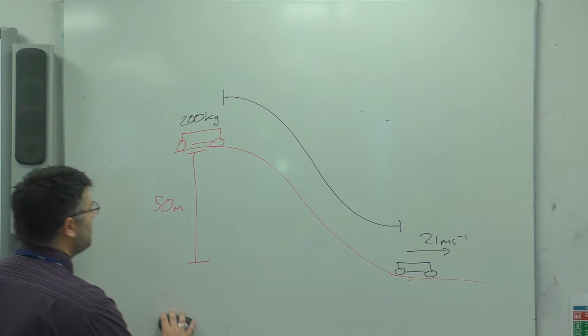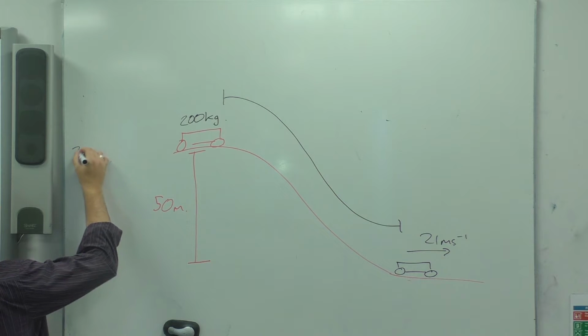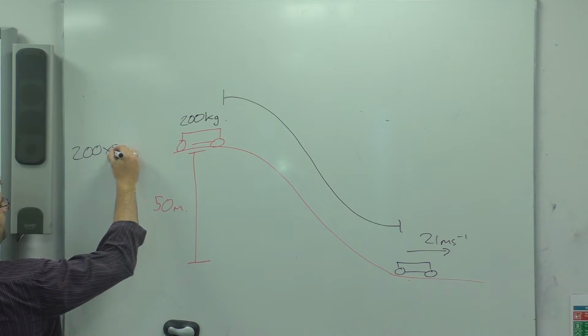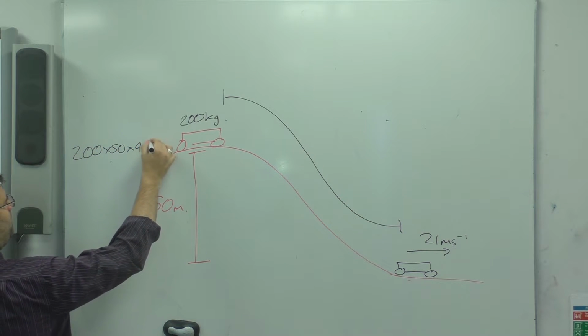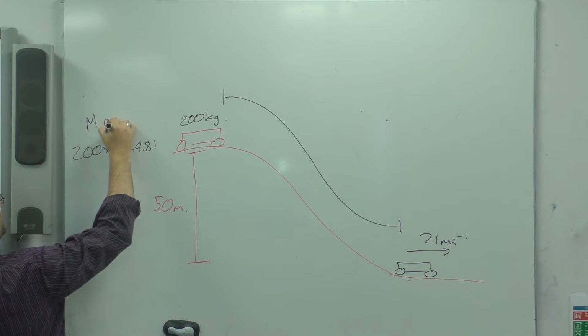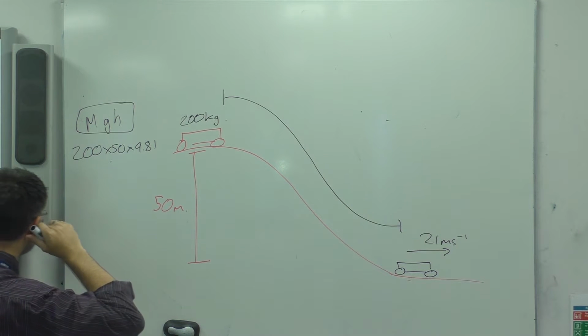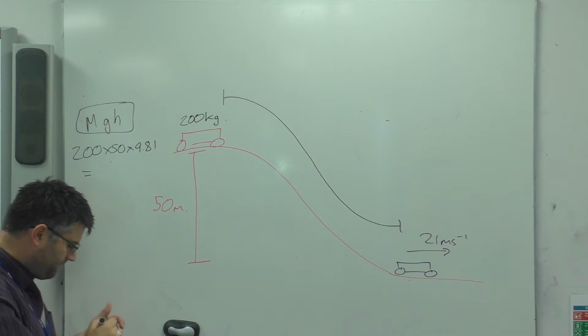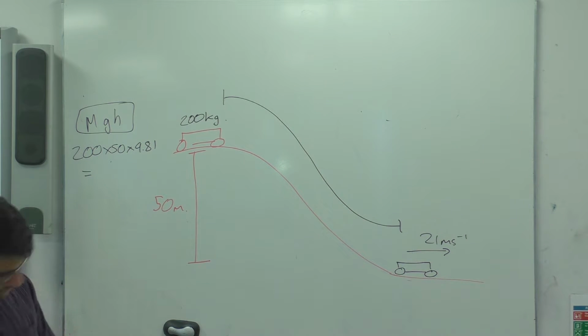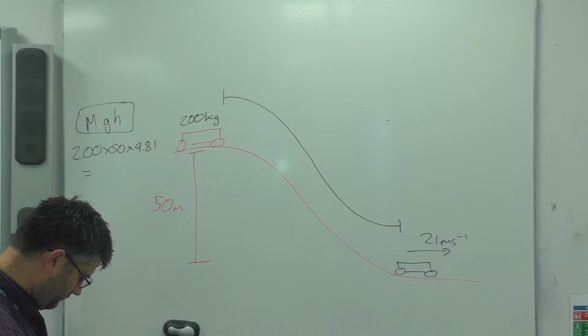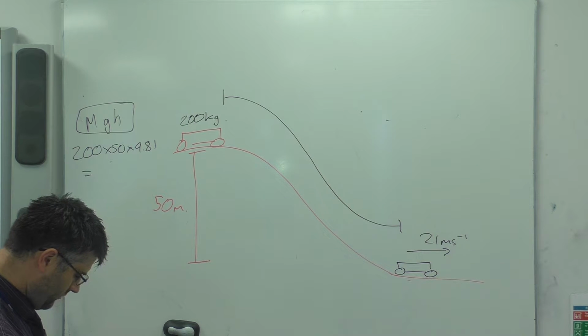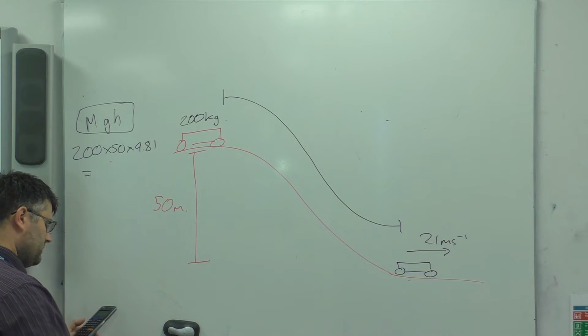So we do our classic mgh: 200 times 50 times 9.81. That's mgh, which is equal to the GPE, and that equals 98100.